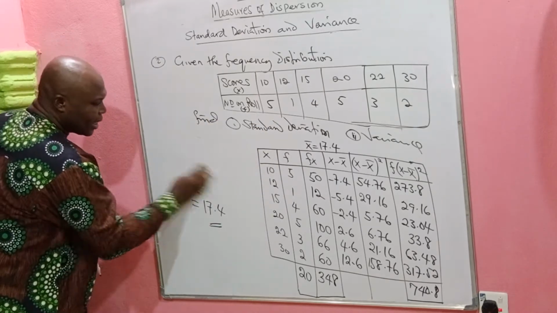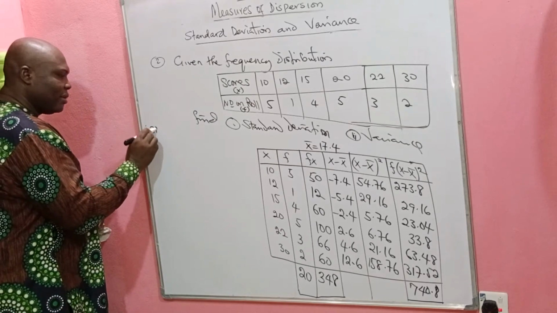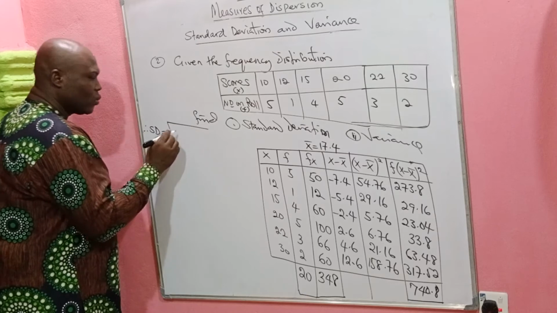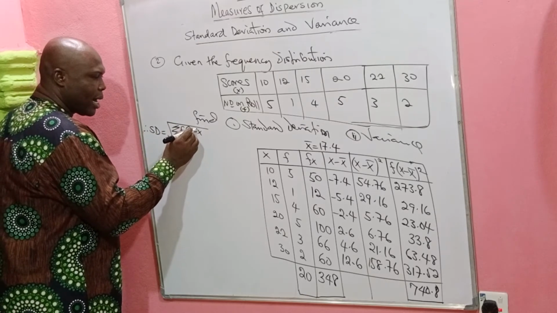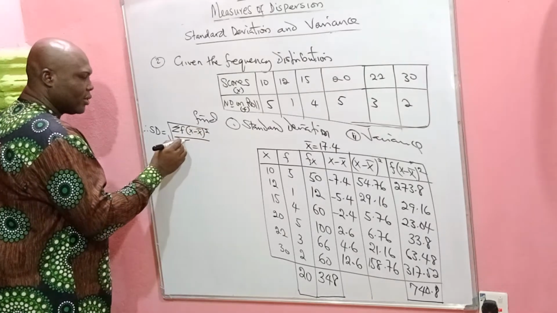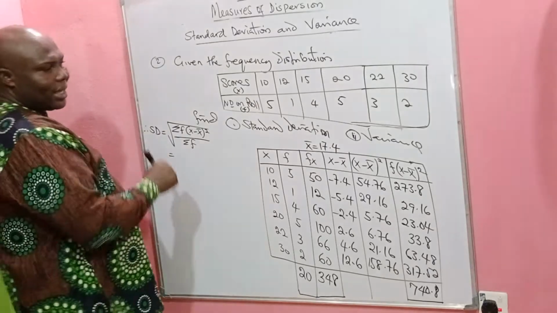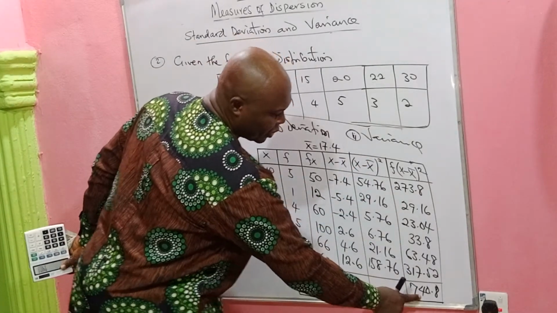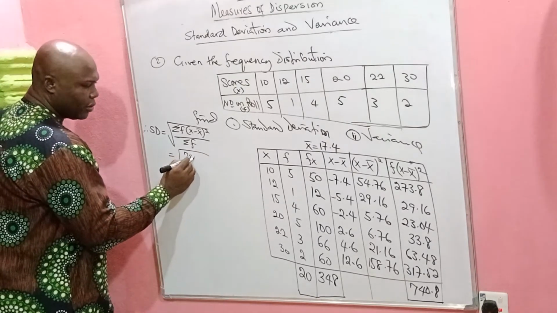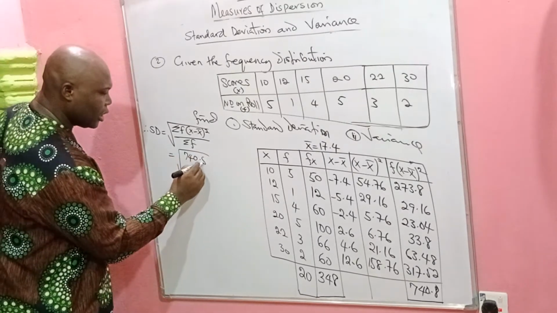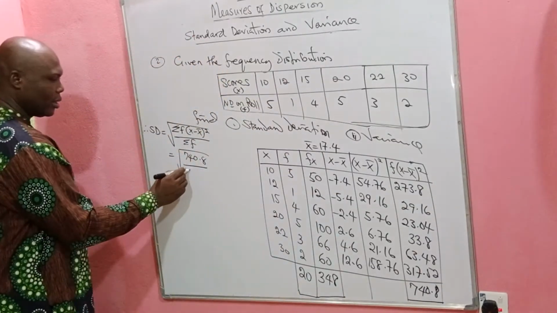Okay, so let's get the standard deviation first. Therefore, our standard deviation is equal to the square root of the sum of frequency times x minus x bar all squared, divided by the sum of frequency, alright? So the sum of frequency times that is 740.8. So you have the square root of 740.8 all over the sum of frequency, 20.